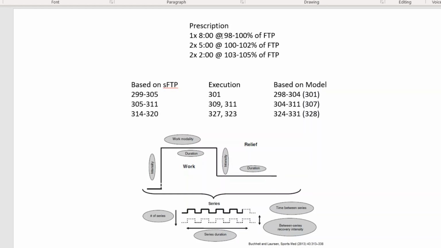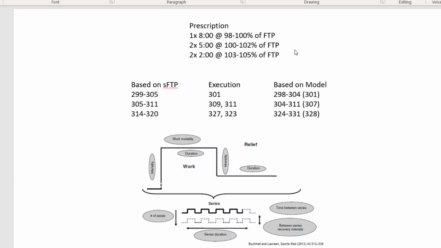And the 8 minutes were near threshold intervals, 98 to 100% of FTP. The 5-minute intervals were at super threshold, 100 to 102% of FTP. The 2-minute intervals were targeting more max aerobic and were prescribed as 103 to 105% of FTP.